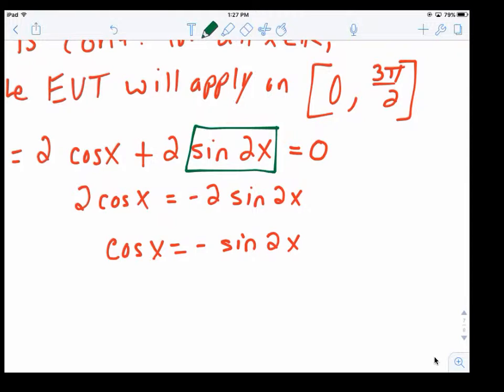All right, sine of 2x turns into 2 sine of x cosine of x. All right, so this is 2 cosine of x.